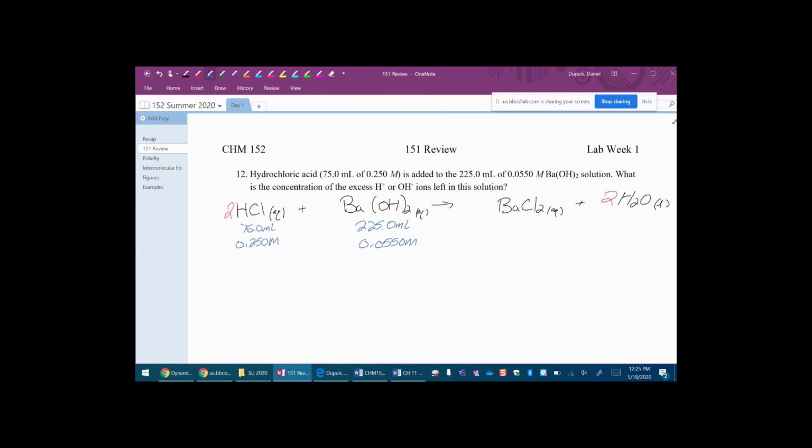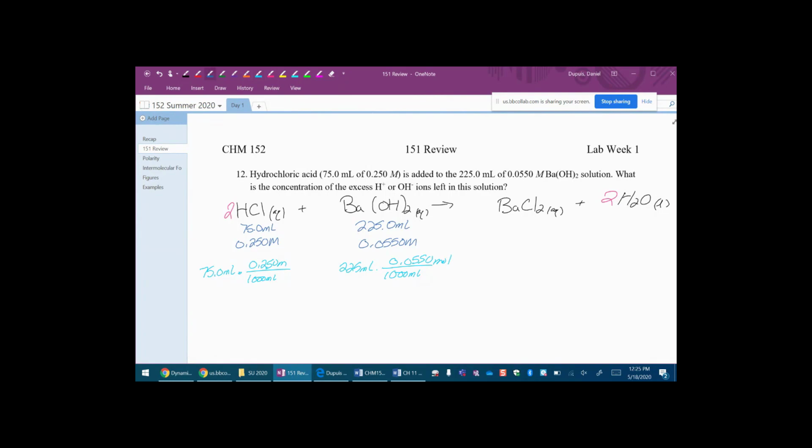All right. So molarity times volume. If you guys remember, I take my 75.0 milliliters multiplied by, for every 1,000 milliliters, I have 0.250 molar, and 225 milliliters, 1,000 milliliters, I have 0.0550 moles. All right, so what do we get here?